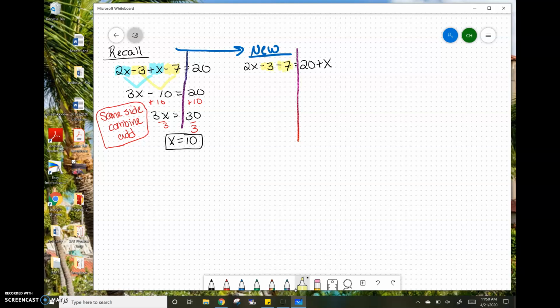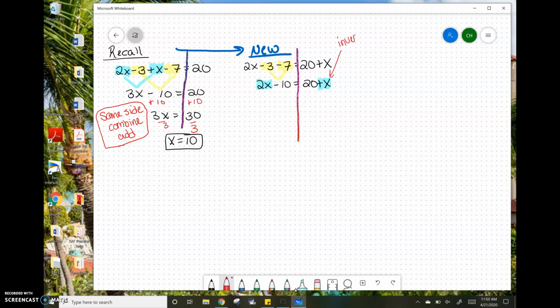Those combine in the same way as before: negative 3 plus negative 7 is negative 10. But now the variable terms are in different places. If they are on opposite sides of the equal sign, then you combine them with the inverse.